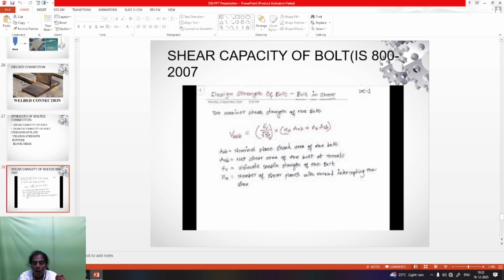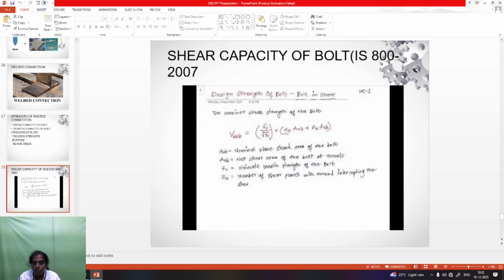So this is the nominal shear strength formula: Fu divided by root 3 times (nn Anb plus ns Asb). The nominal shear strength is calculated first, and then it is divided by the partial safety factor to get the design strength.